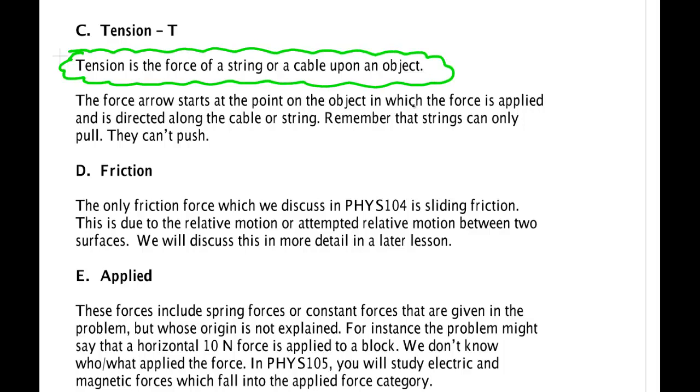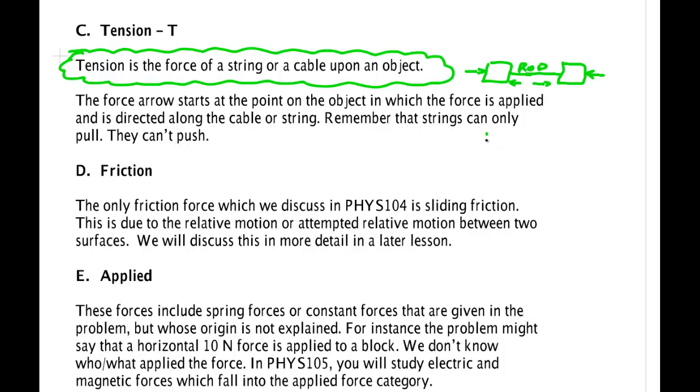are different than rods. If you attach two objects with a rod, you can push inward on both sides of these two masses, and the rod will push back in the opposite way.